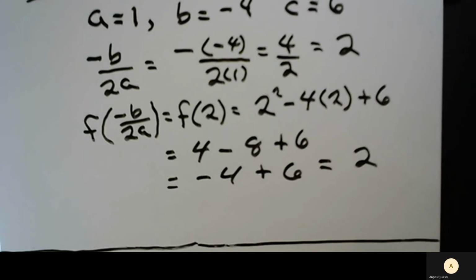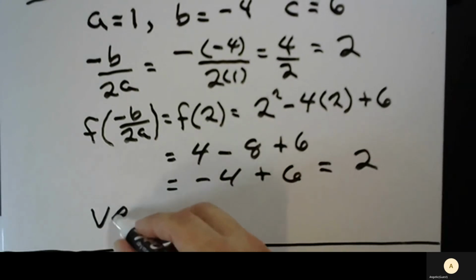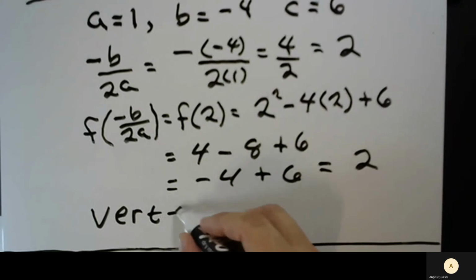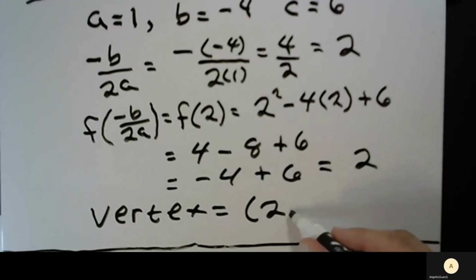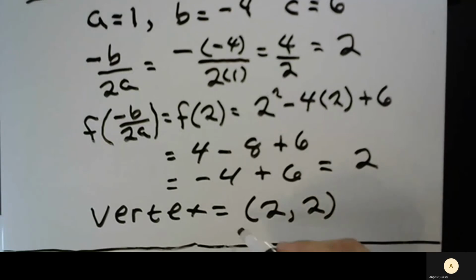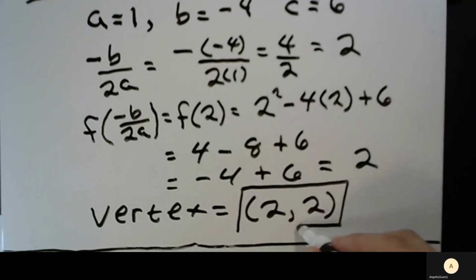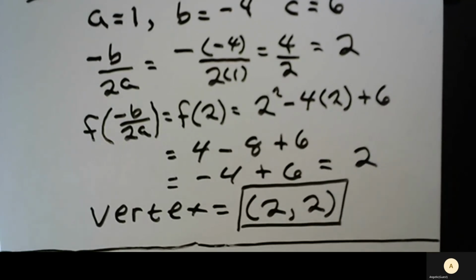So the vertex will be 2, comma 2. And that's going to be your answer. So questions about that?